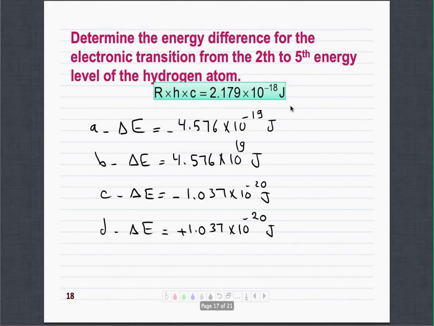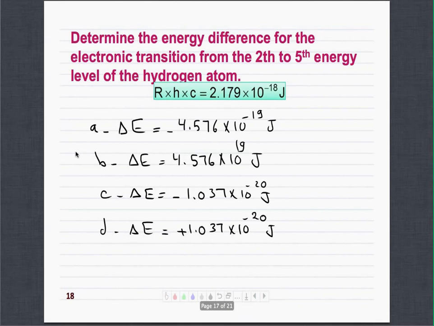So it is minus 2.179 times 10 to the minus 18 over... Now, first I have to determine what is n final and n initial. The electronic transition is from n equals 2, so this is initial, to n equals 5, that's the final. So it is 1 over 5 squared minus 1 over 2 squared. And then delta E will be answer B, which is 7.6 times 10 to the minus 19.